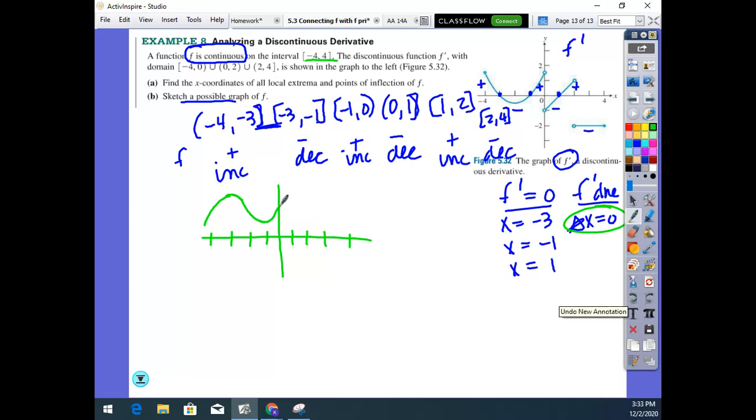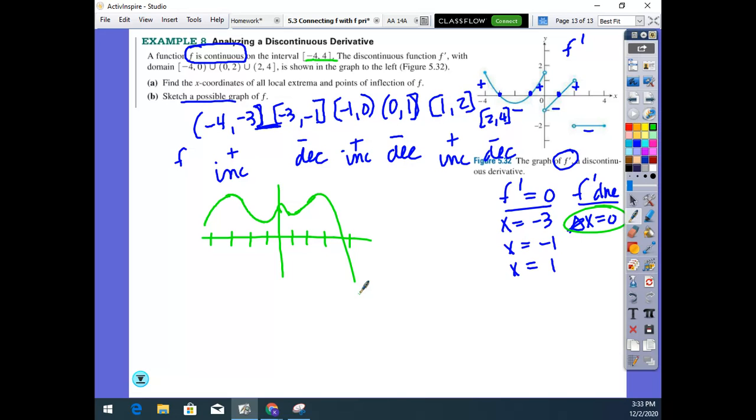Want a little concave up, but 0 slope at 1. Oh wait, sorry, 0 to 1 is decreasing and concave down. All right, and then we have a 0 slope, increasing. That was kind of yucky.